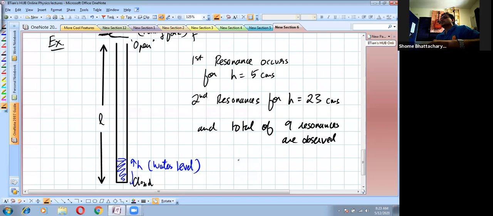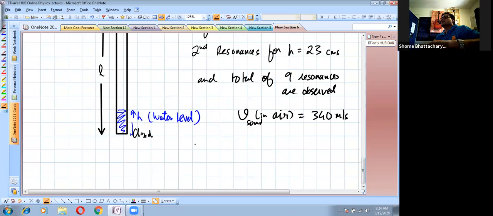Also, speed of sound in the air inside this is 340 meters per second.